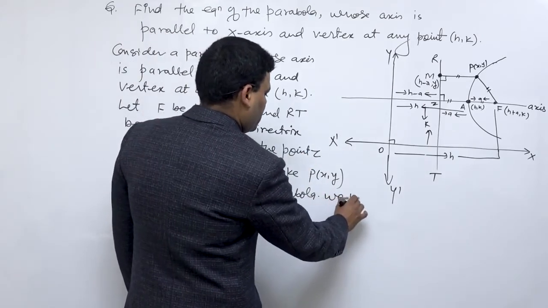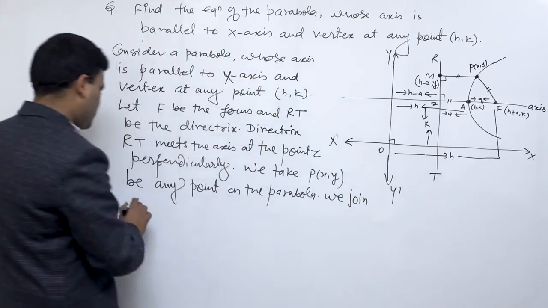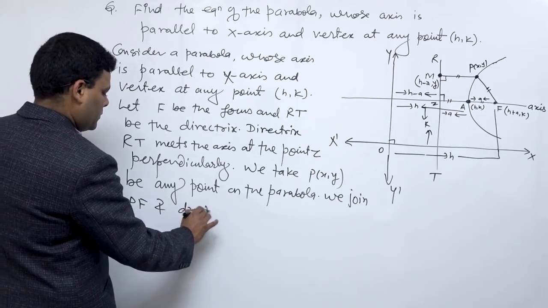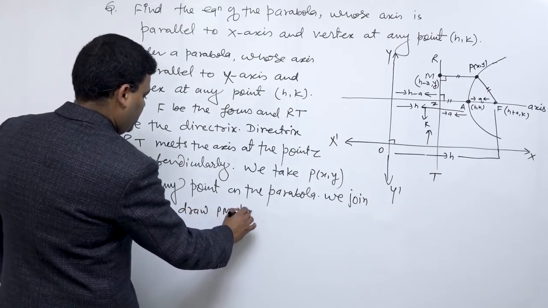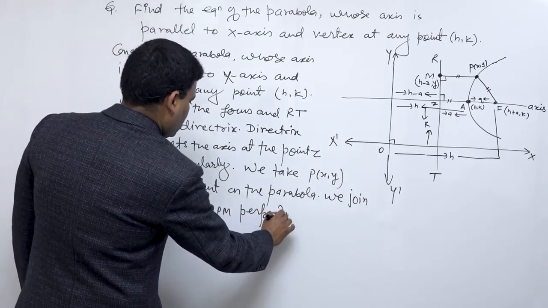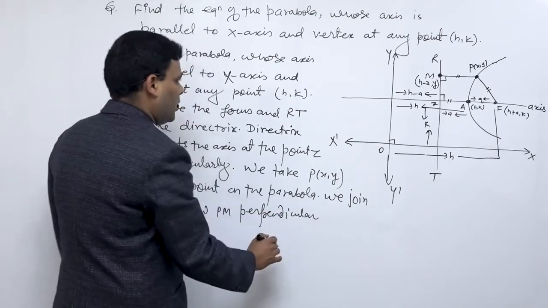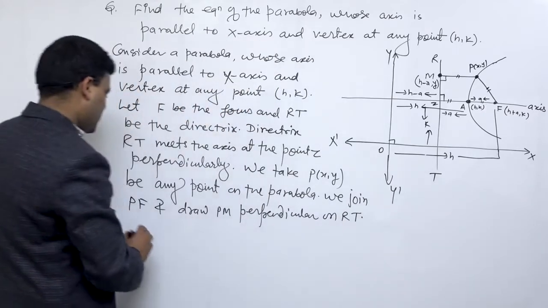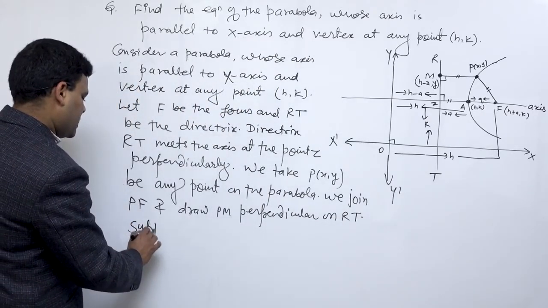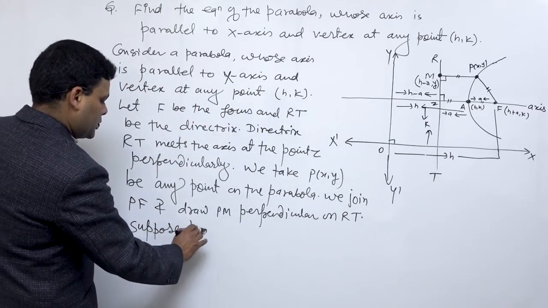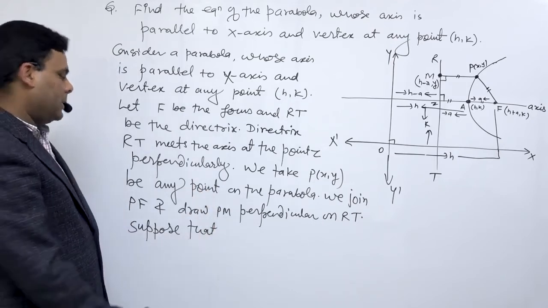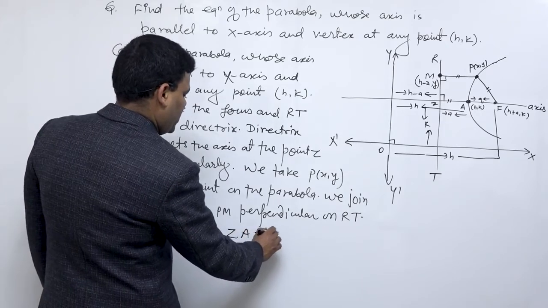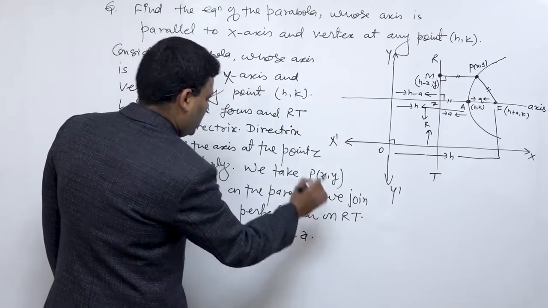We join PF and draw PM perpendicular on RT. Suppose that in the previous case also, we supposed ZA equals AF equals a.